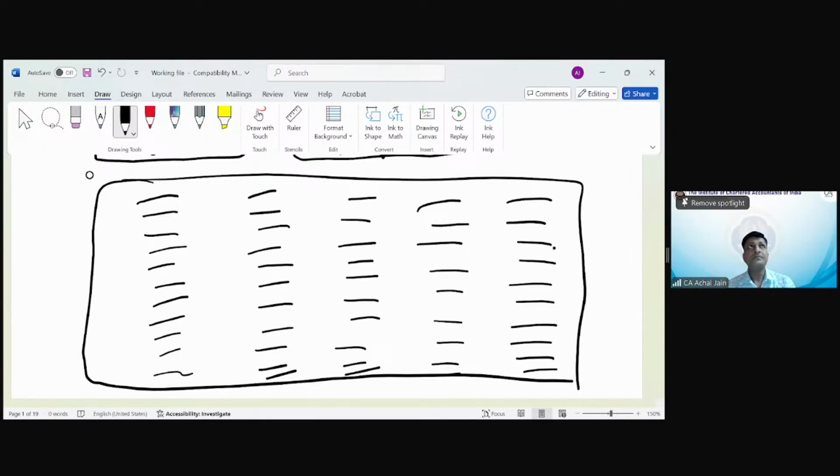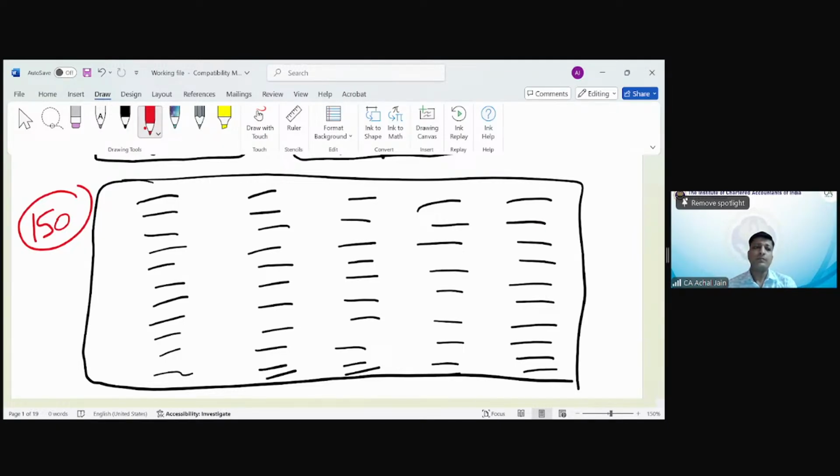So that's one. Now let's suppose the auditor has picked up 150 samples. He is saying, no, I do not want to cut down on this testing. I want to check more samples. So he picked up 150, let's suppose.